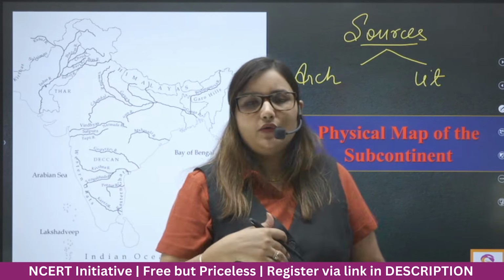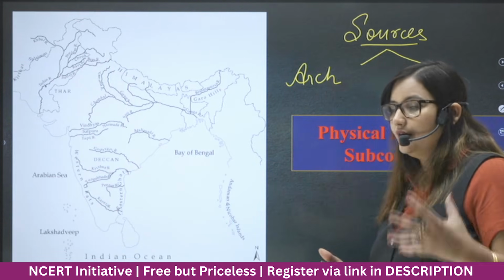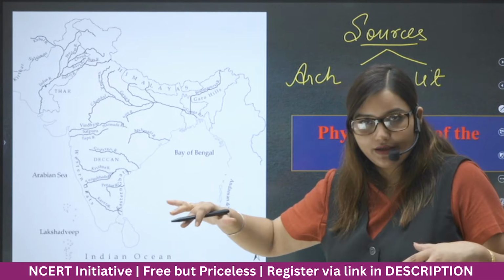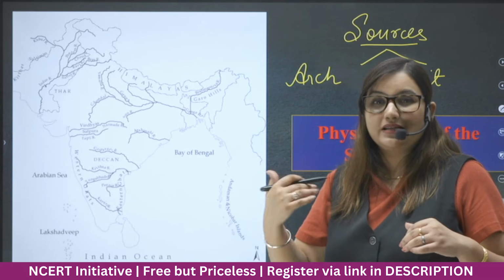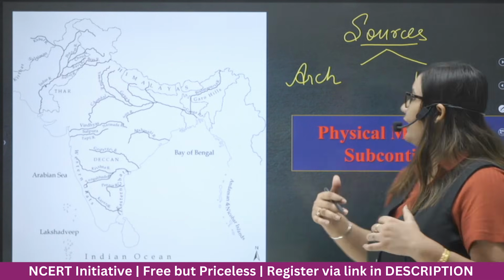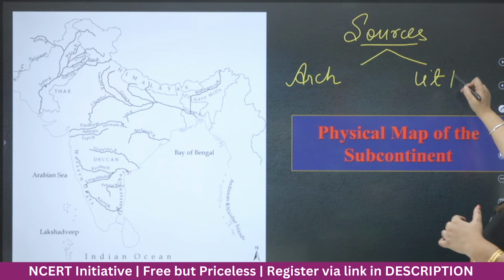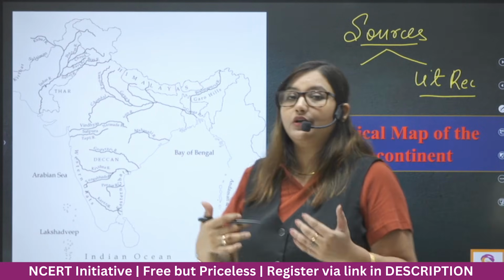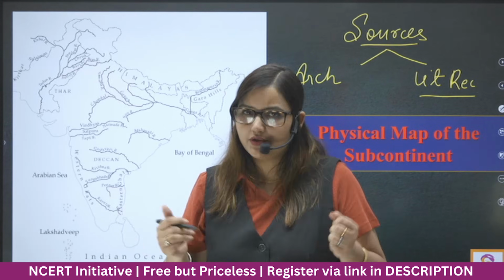Okay, once you make a flow chart, then you'll learn how archaeological sources can be divided into monuments, sculptures, okay, and then how literary records can be divided into religious record, secular record, foreign record, because many foreign travelers also came.